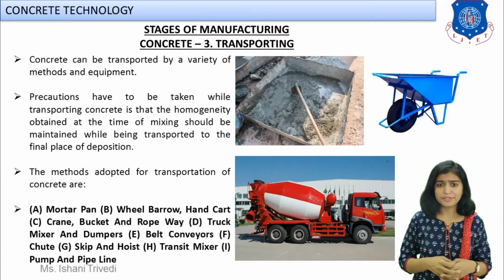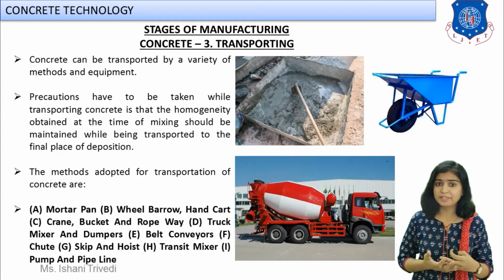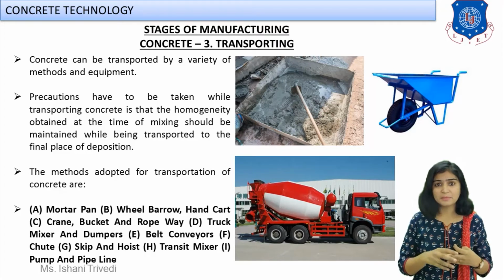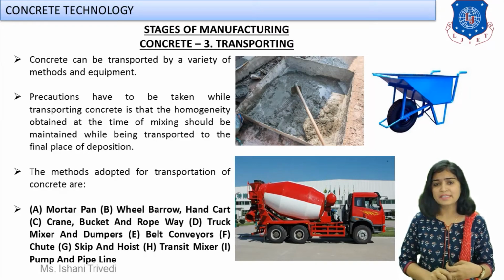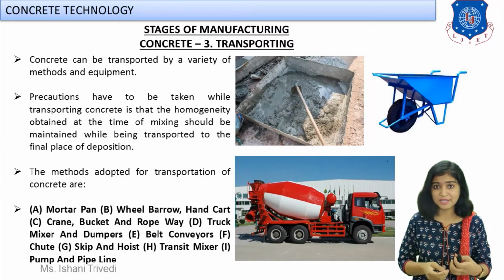For transporting the concrete, the most simple type can be done with the help of workmen, with the help of labor. They will transport the concrete by filling it in mortar pans, right? You can see over here the first image flashing on the top, that is an example of a pan. You can call it a mortar pan or a mortar tray also.